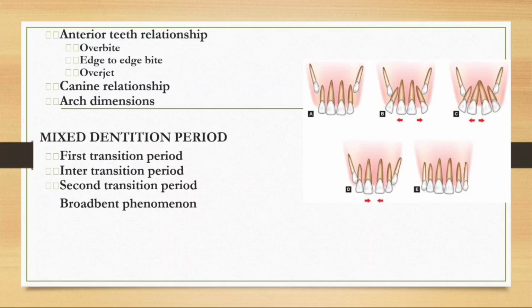And we all know the broadbent phenomenon, the ugly duckling stage, when the canines are erupting, it pushes the lateral incisor, which in turn pushes the central incisor. Once the eruption of the canine is complete, the labial and distal displacement of these central incisors will be normal and the teeth will be in an aligned phase.